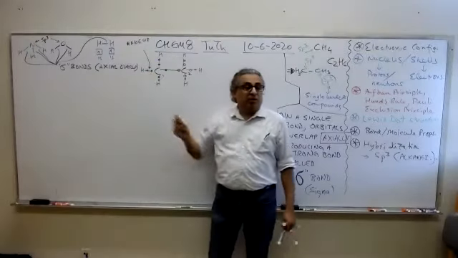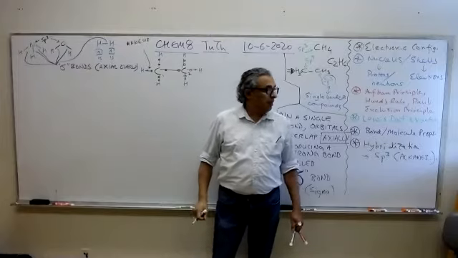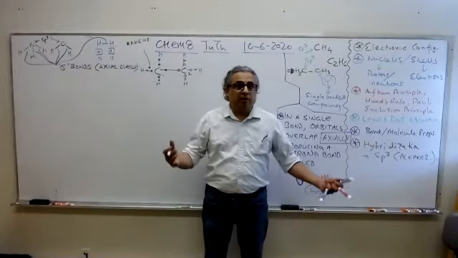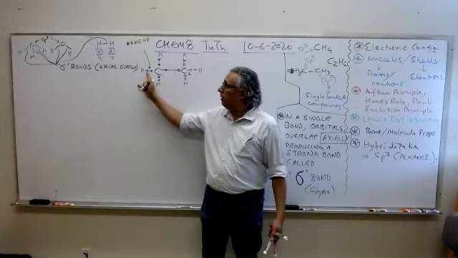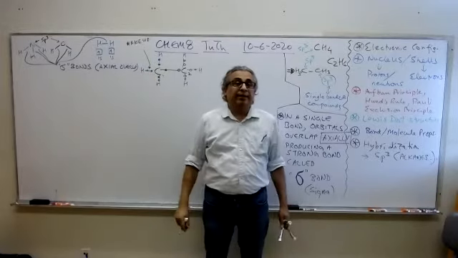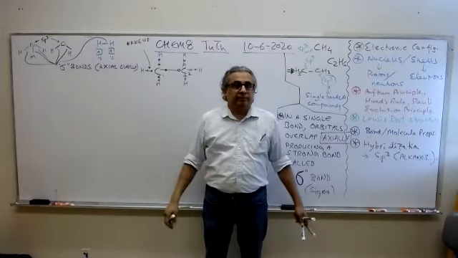I'm not looking. Okay, what's the makeup of the CH bond? Quick. What kind of orbitals, what kind of electrons are coming from this one and this one, the blue one and the black one? 1s and sp3.